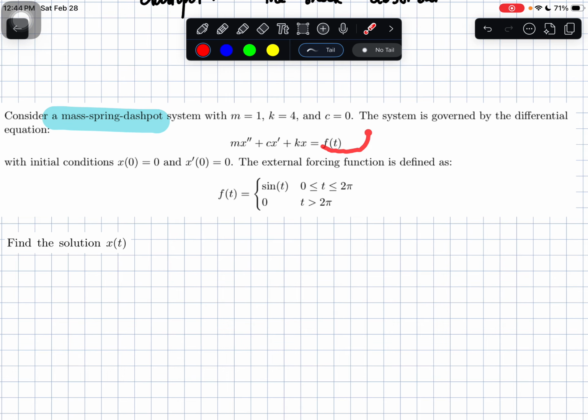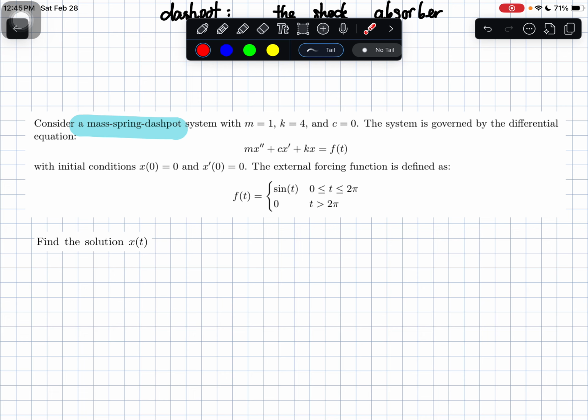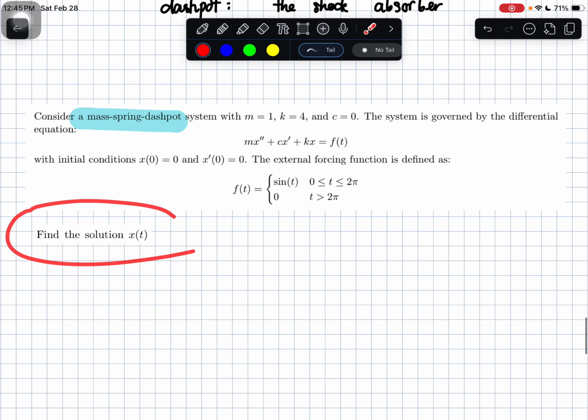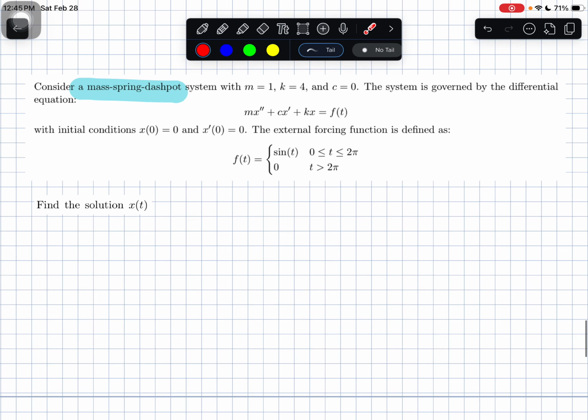This f(t), the external forcing function, is a piecewise continuous function. So we can rewrite that with just one formula using the unit step function. To solve for x(t), we just need to Laplace transform both sides. So here's how we do it.